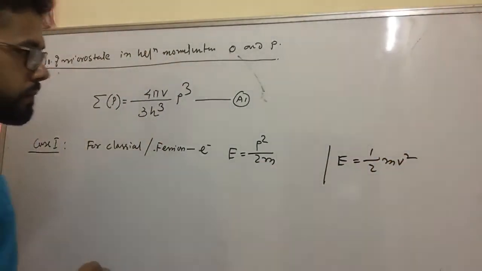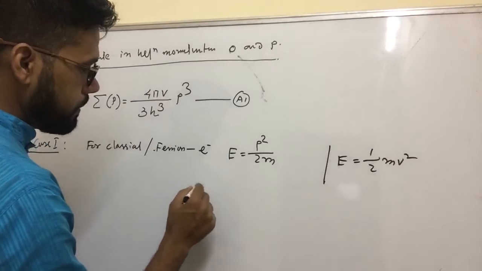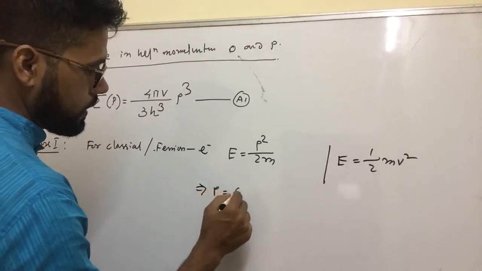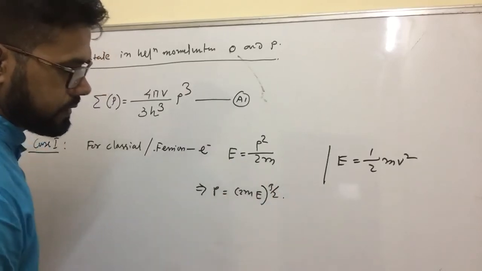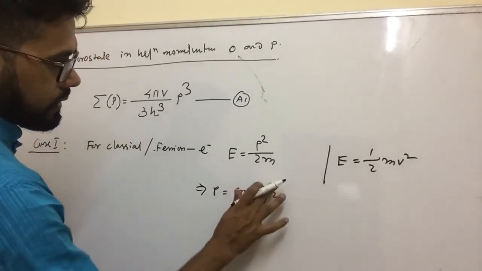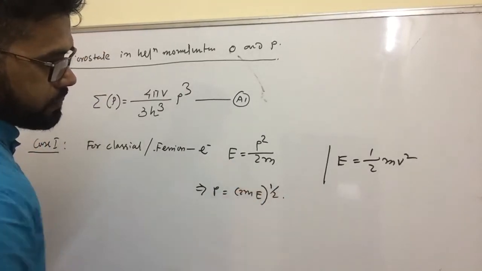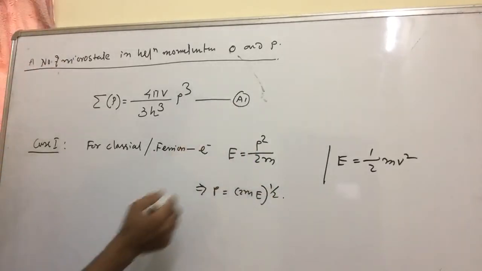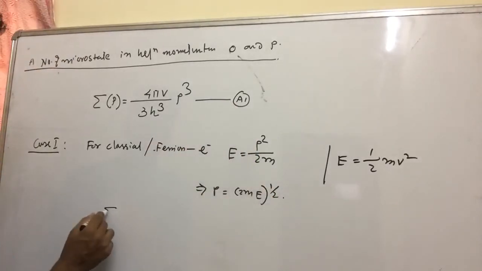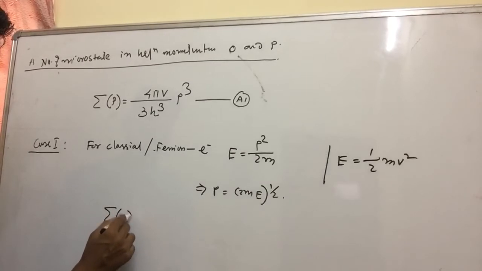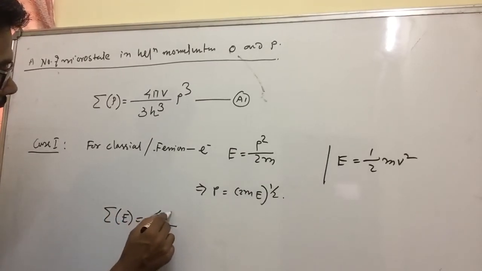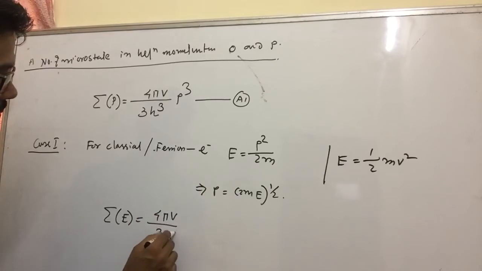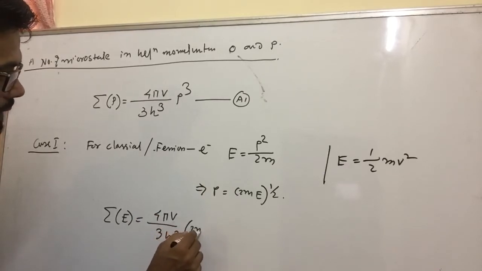Okay. Now, if I replace p equal to root of 2mE, then the number of microstate in terms of energy is 4 pi V by 3 times (2mE) to the power 3 by 2.